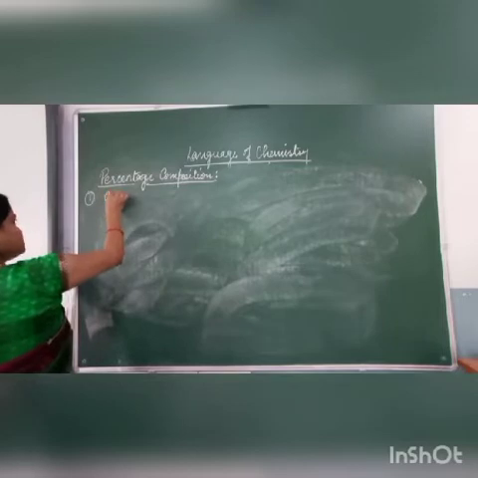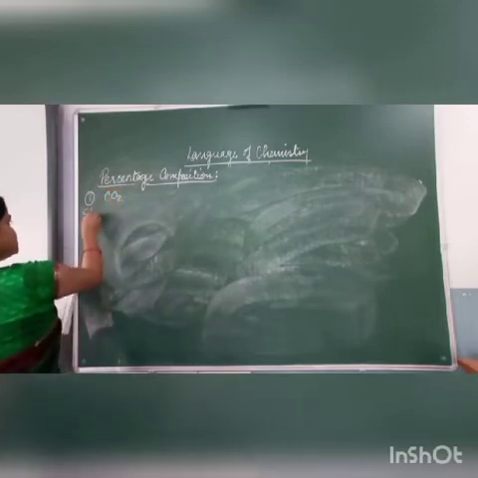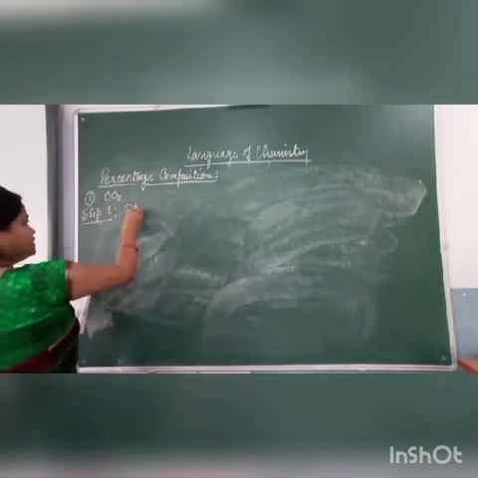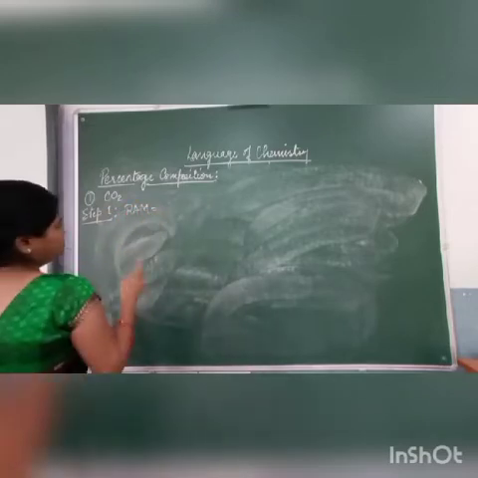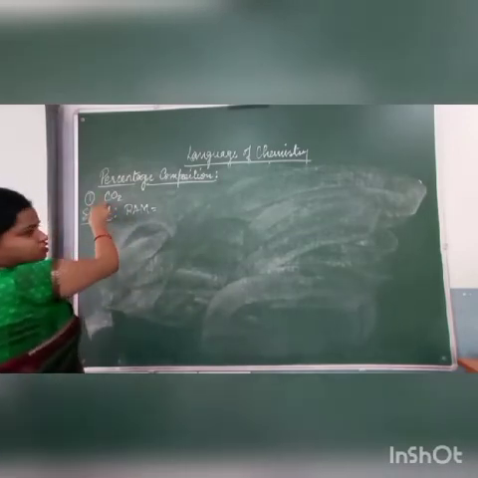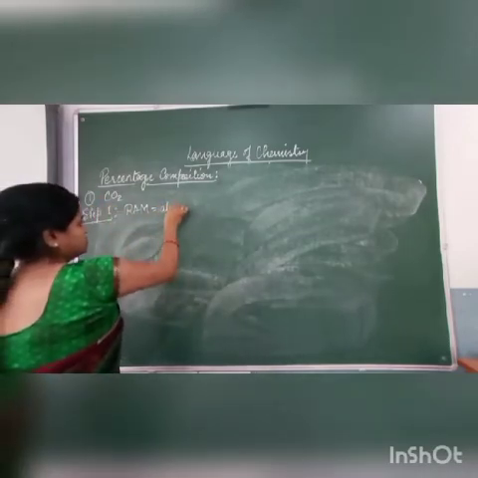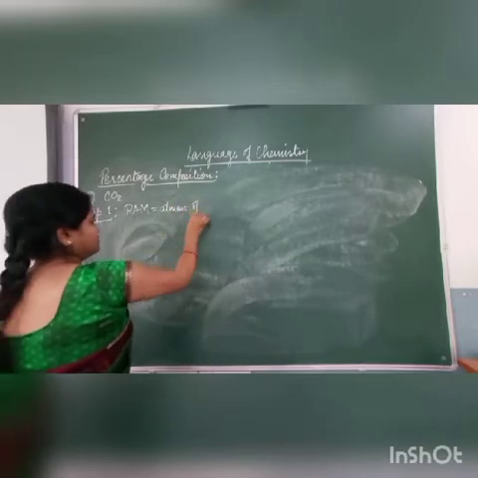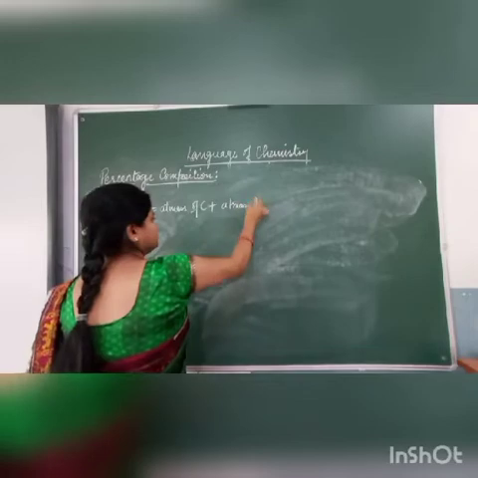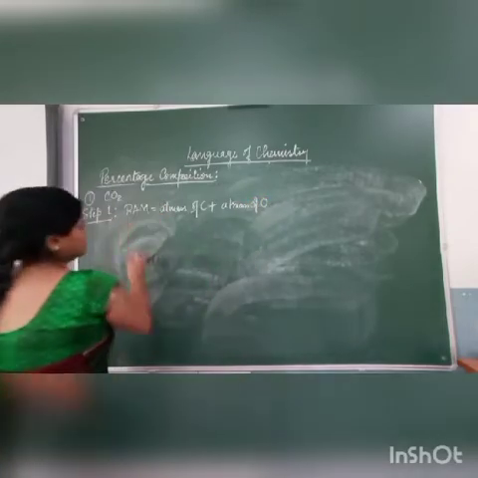Percentage composition of carbon dioxide. Step number 1, we have to calculate relative atomic mass. For calculating relative atomic mass, we will write atomic mass of carbon plus atomic mass of oxygen.